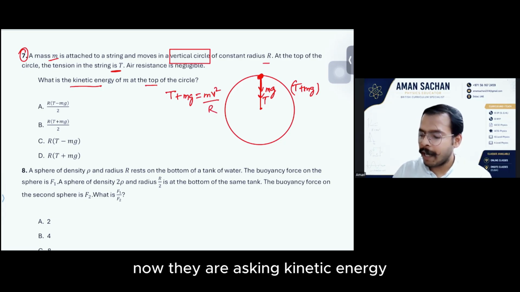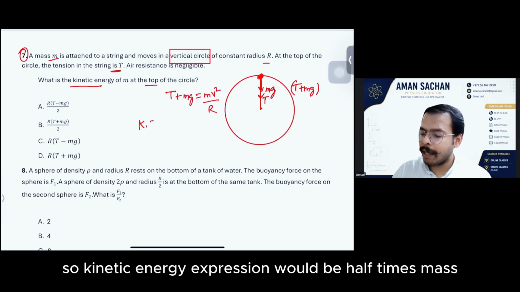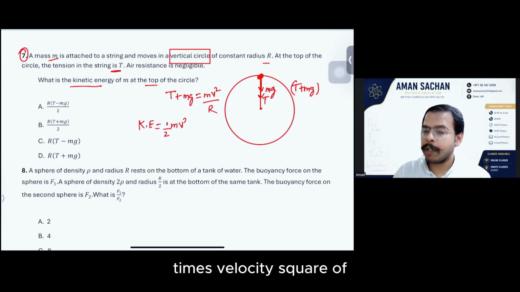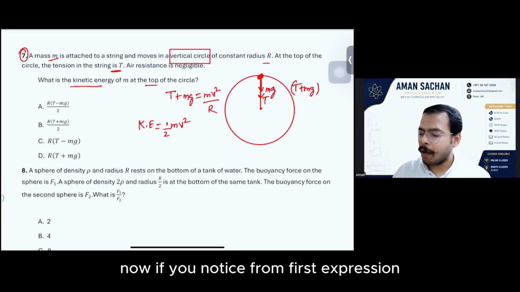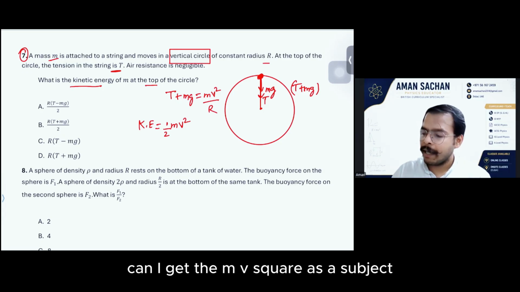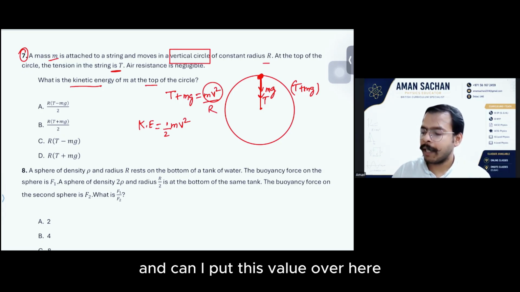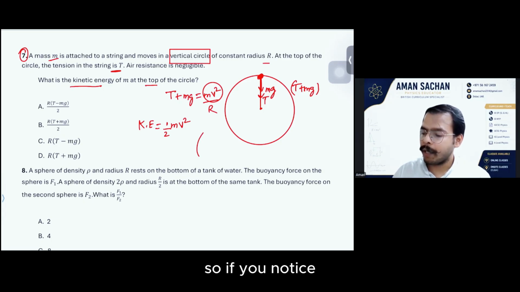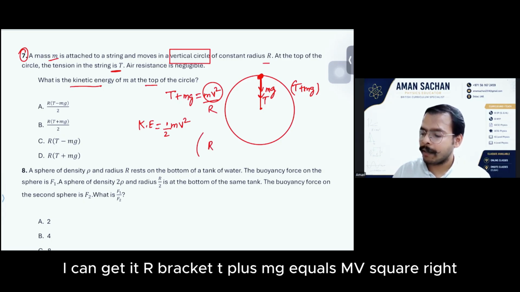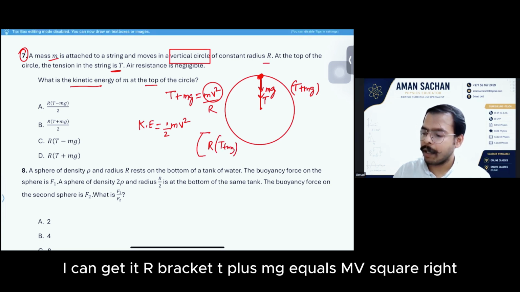Now they are asking kinetic energy. So the kinetic energy expression would be half times mass times velocity square. Now if you notice from the first expression, can I get mv square as the subject, and put this value over here? So I can get R bracket T plus mg equals mv square, right?